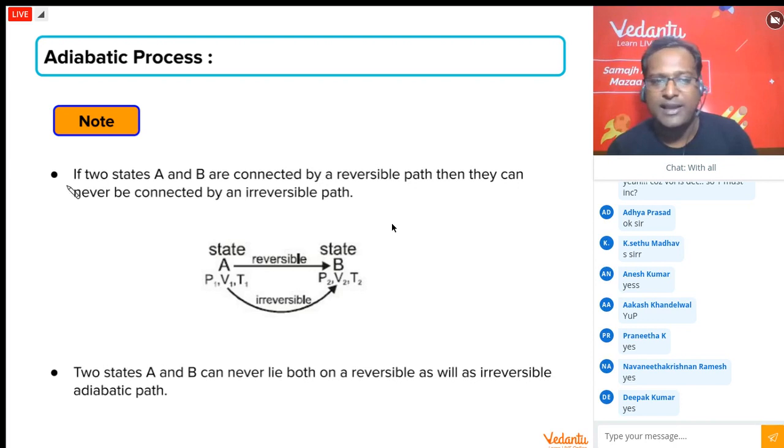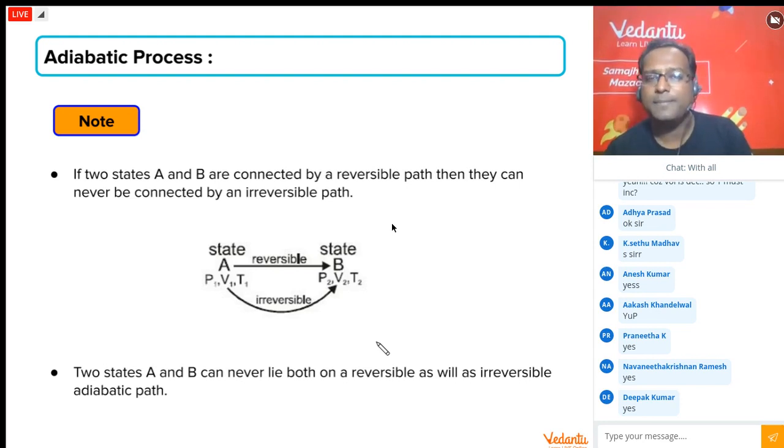Now, this is the second point, which is very, very important in an adiabatic system. If I'm going from state A to state B via an adiabatic process, one path reversible, other path irreversible, this kind of situation is not possible at all. I repeat, if I want to go from state A to state B via adiabatic process, one way through reversible, other way through irreversible, it will not be possible. Why? I will explain.